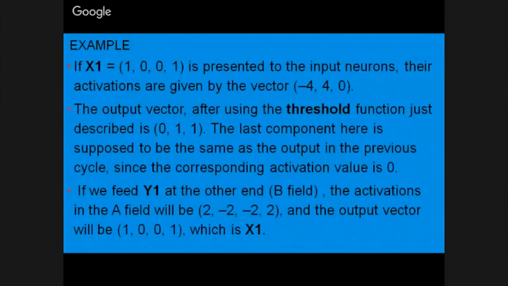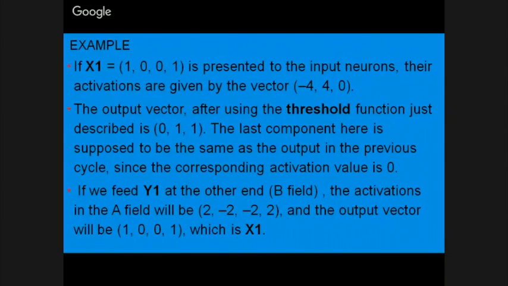So now, using this weight matrix and thresholding function, if we take the input vector x1 as 1, 0, 0, 1, and it is presented to the input neurons, what would be the activations? We have to find out the dot product of the input vector and the first column of the weight matrix.